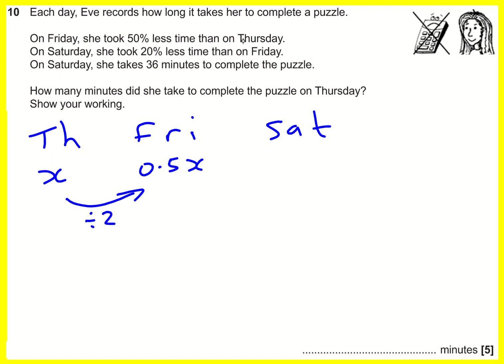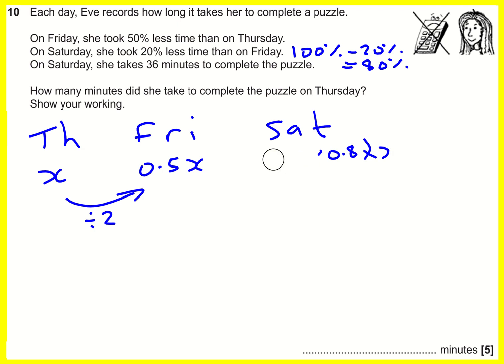So if she took 20% less time, then whatever Friday's time was, if that's 100%, and then we take 20% away, it's going to be 80% of what she did on Friday. So it's going to be 0.5 times 0.8 times x. Or maybe I should have written, let me do that again.